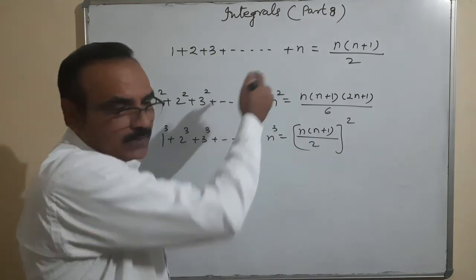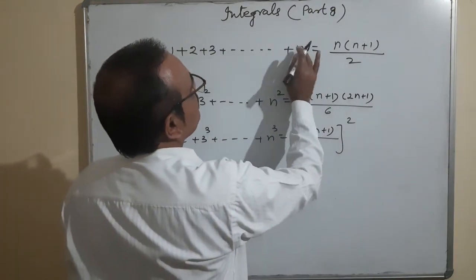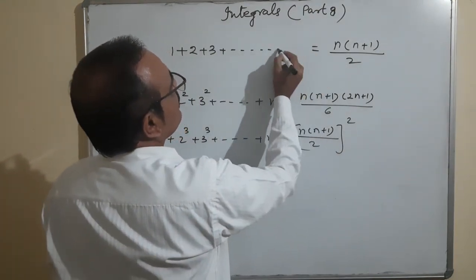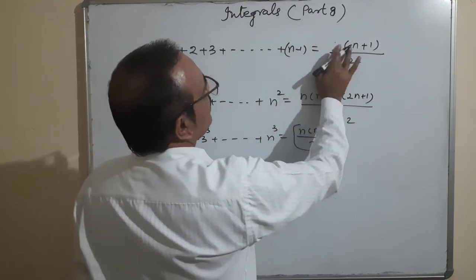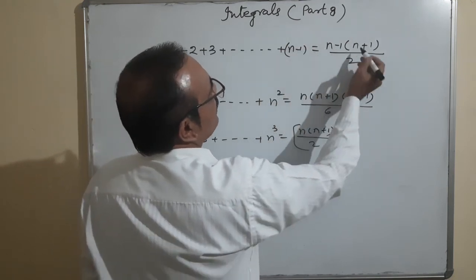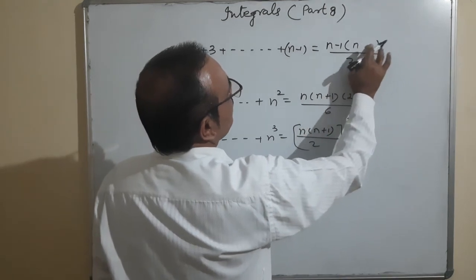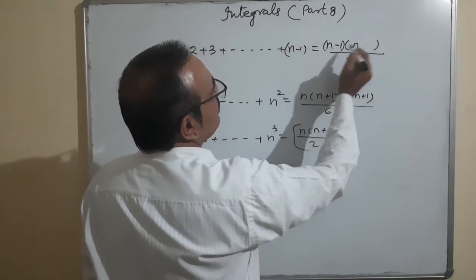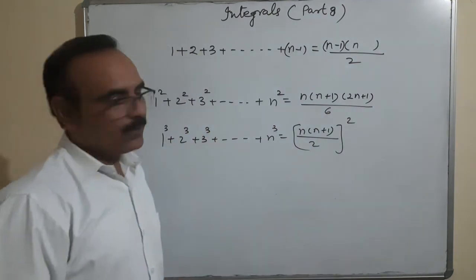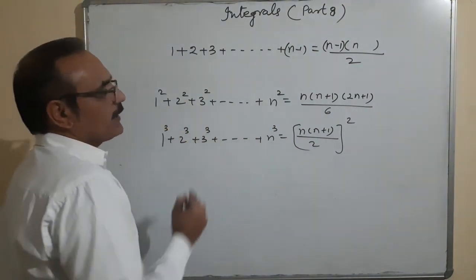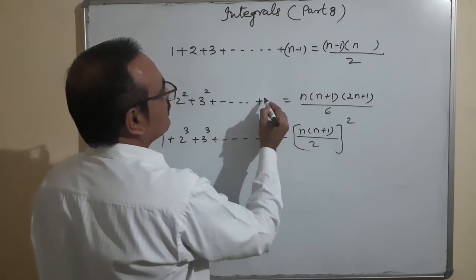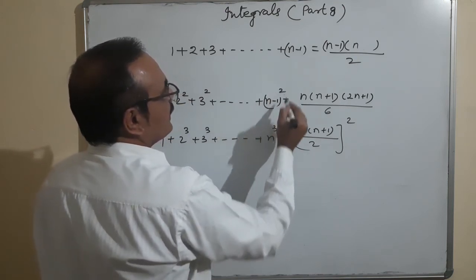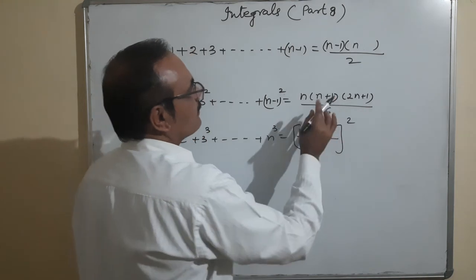That means one term less. So 1 plus 2 plus 3 plus up to n minus 1 is equal to, this n will become n minus 1. n minus 1 plus 1 is n only. So what is the formula? n minus 1 into n upon 2. This is the sum of squares up to n minus 1, one term before. Again, this is n minus 1, n.